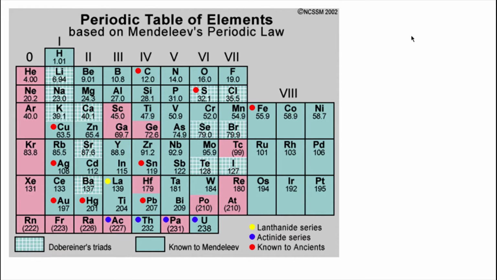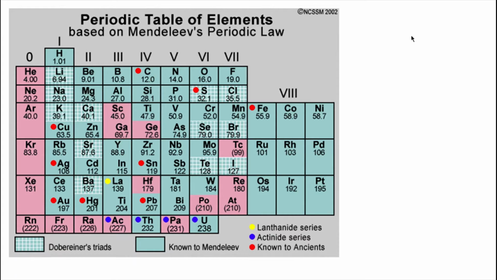You can see that eventually he predicts some elements. And some of these elements, you might notice, fall into the same categories as they do in the modern periodic table, which just goes to show that his classification of the chemical properties, even though he didn't necessarily know about electrons, it's just amazing that it is possible.